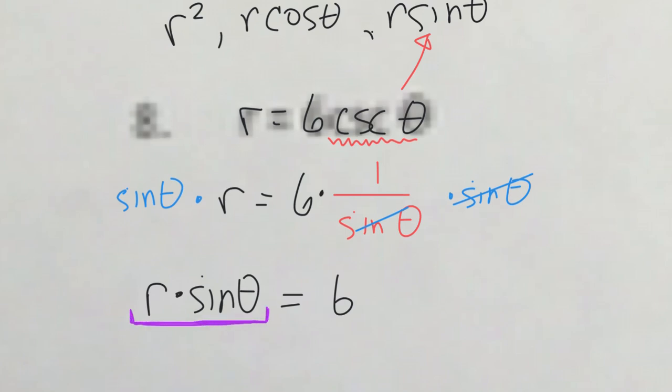And hopefully you recognize that r times the sine of theta can be replaced with y. So my final answer is y equals 6. That is my rectangular equation for my polar r equals 6 cosecant theta. Okay, how about the other way?